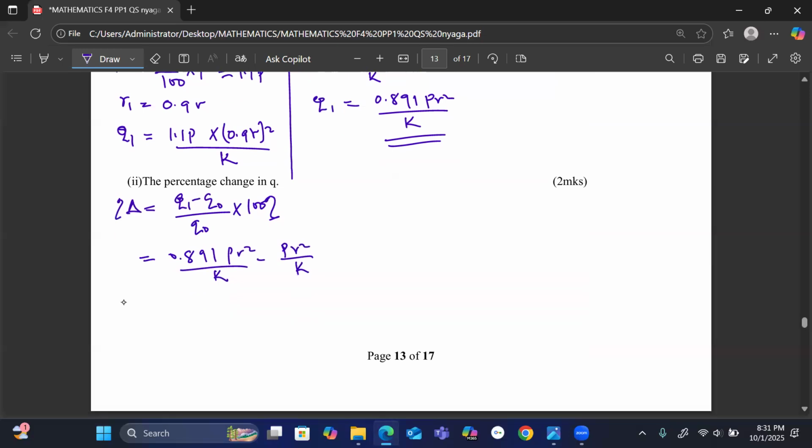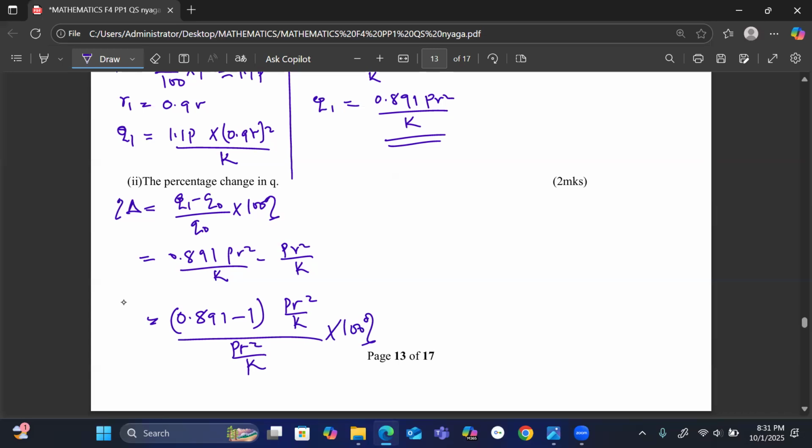So that we take now 0.891 minus 1, times P R squared over K. Now all of it we divide by P R squared over K, times 100%.